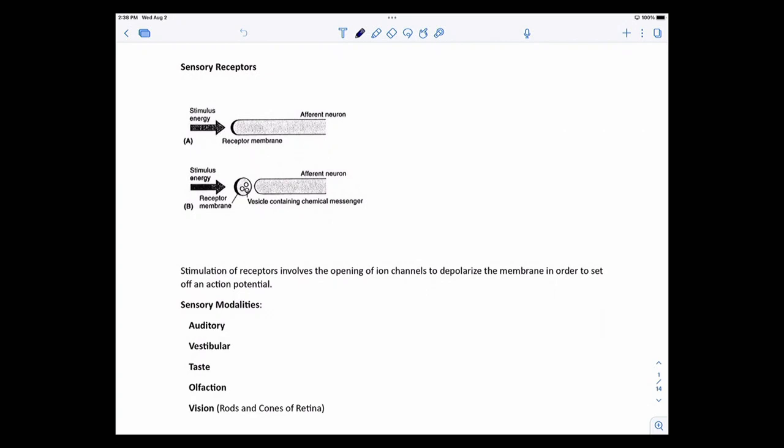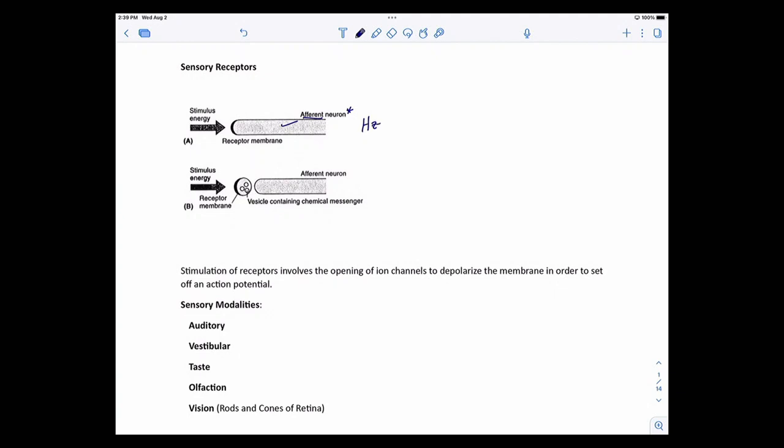So when we're talking about sensory in general, let's talk again about an afferent neuron, and afferent means sensory. So you have this neuron here. And the idea is that if you have something in the environment in the form of energy, how do you take that energy and translate or transduce it into action potential frequencies?